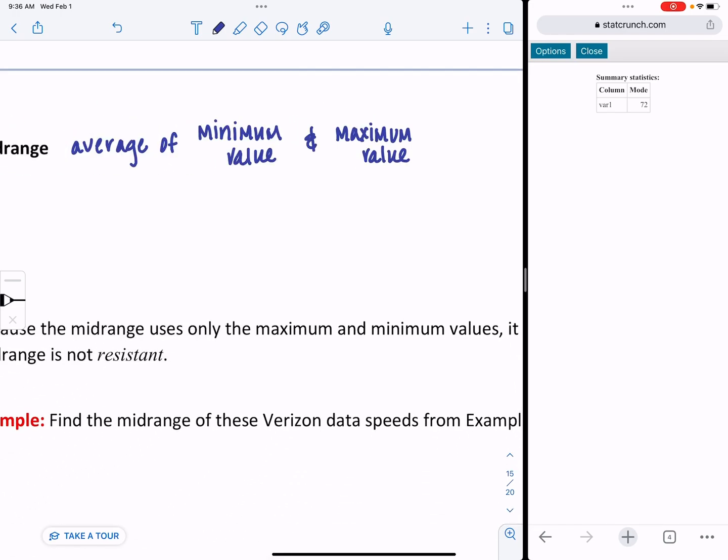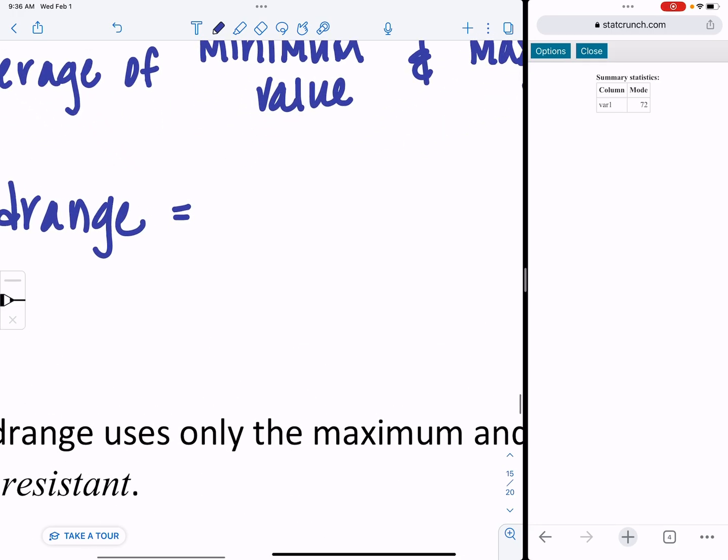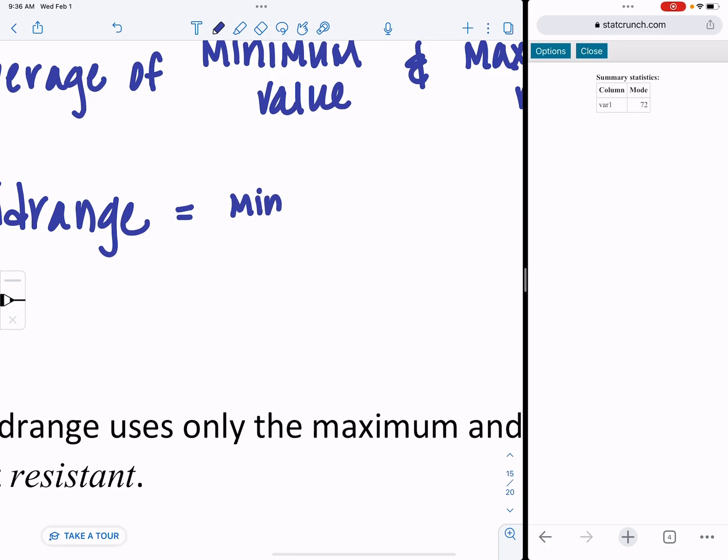For my formula, folks, that means we're going to add the min and the max and divide it by 2.